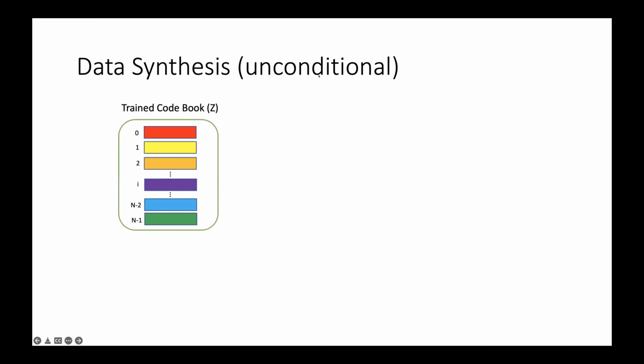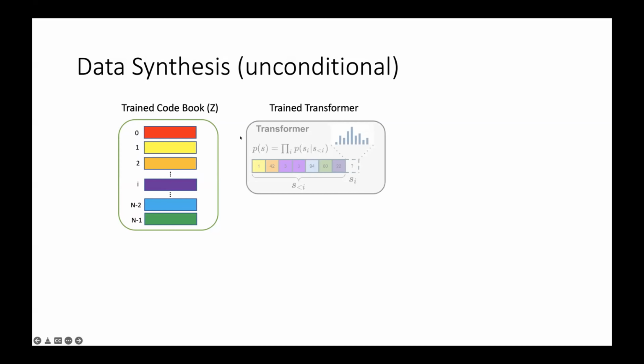For unconditional data synthesis, we take the trained codebook Z and the trained transformer, and we sample from the distribution given S<i. If we don't have any sequence before that, S<i is just empty.